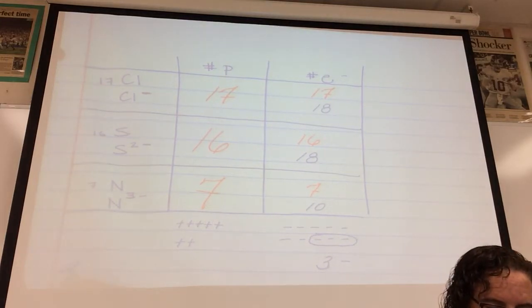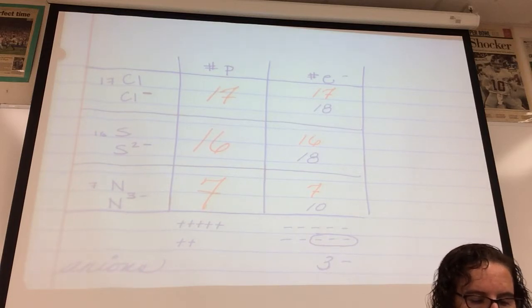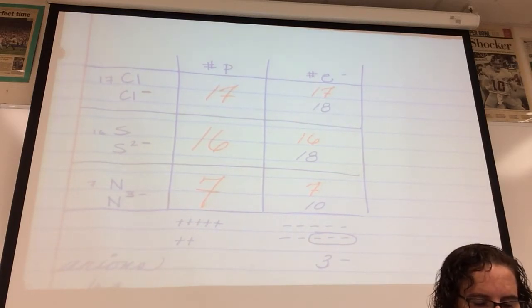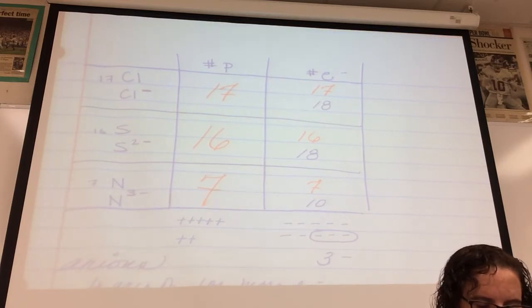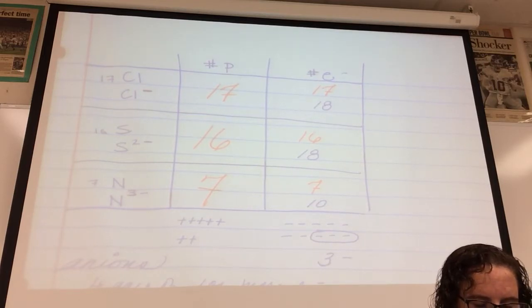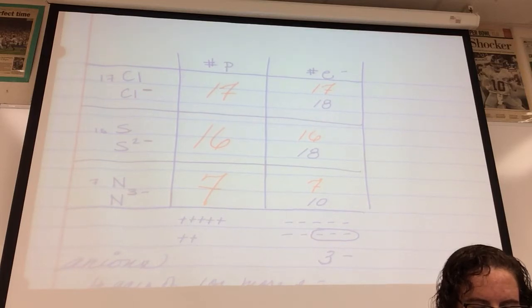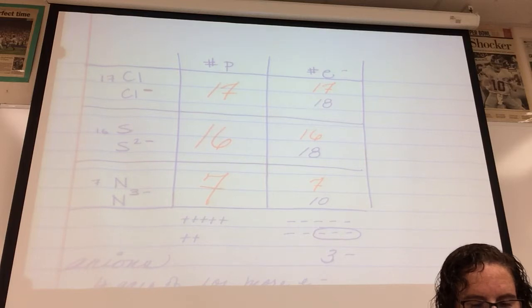So anions are negatively charged particles due to the gain of one or more electrons. Cations are positively charged ions due to the loss of one or more electrons.